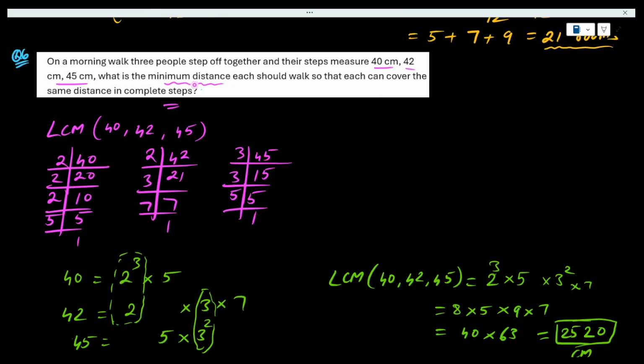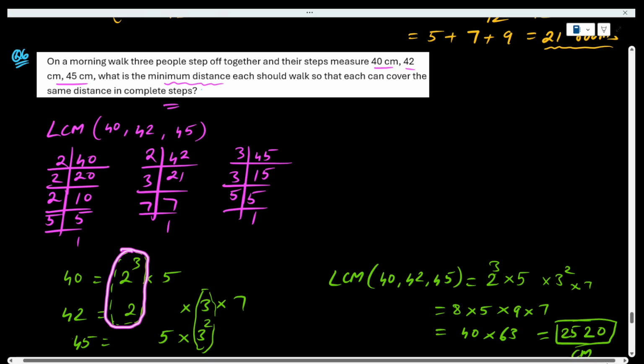Now, again, because it is the minimum distance they have to cover so that they meet at a common point, you need to find the LCM of these three numbers. So again, you will do prime factorization. When you write the prime factorization, you can see 2 and 2 cube. 2 cube is the factor with the highest power, so you will take 2 cube. Now here 5 and 5, you will take 5 only, because it is a common factor. 3 and 3 square, you will take 3 square because we are finding LCM.